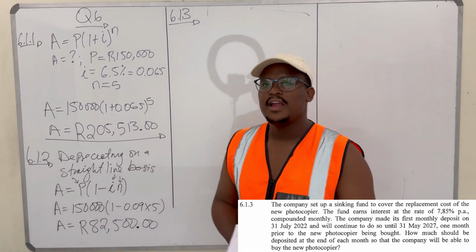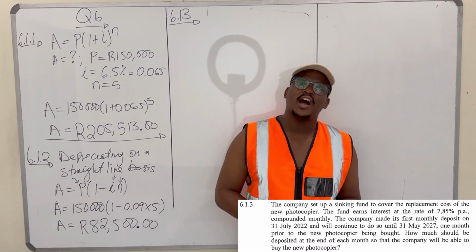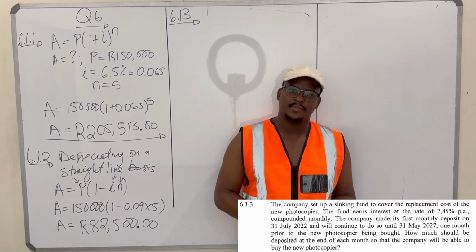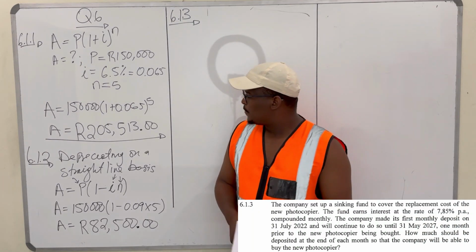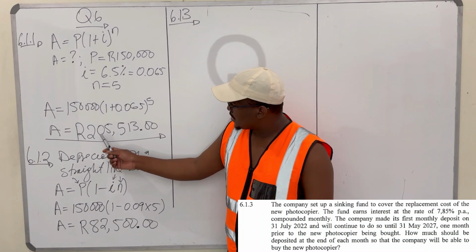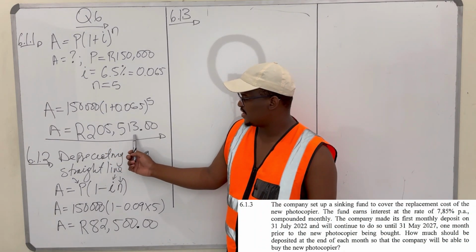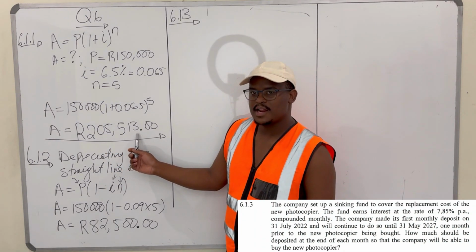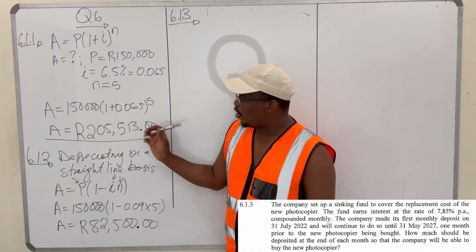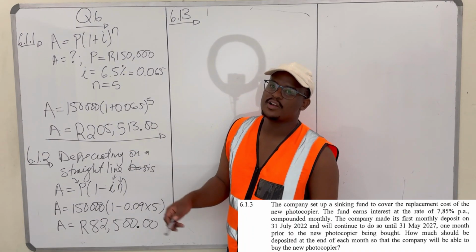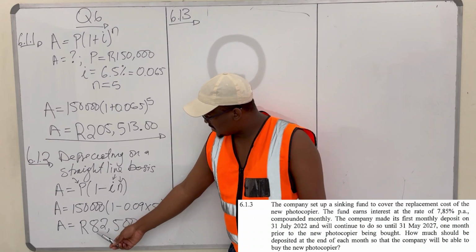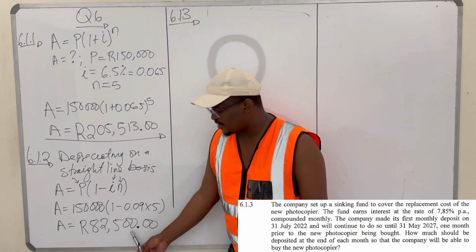So in 5 years' time, the first question is how much will they need in 5 years' time? So the new machine will be 205,513 rands, right? But the old one, which is the one that they bought 5 years ago, its value will be at 82,500.